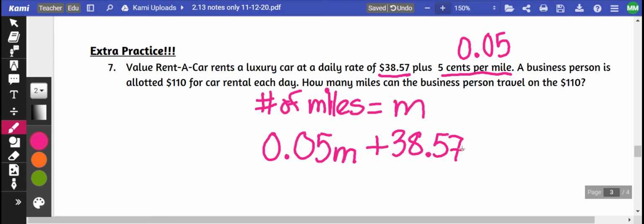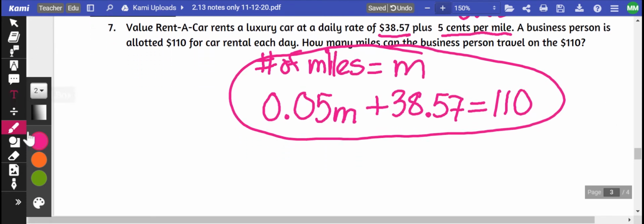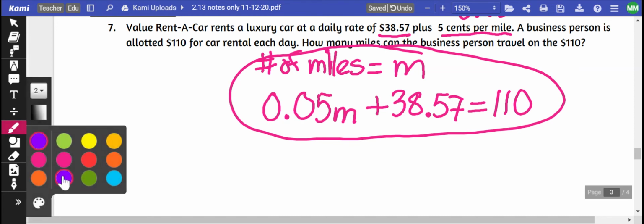It doesn't tell us to worry about any percent increase like with tax or tip, and we know that that will equal the amount the person has. Okay, those two things are the first things you need. State your variable, and then also state your equation. After that, you just need to solve it.